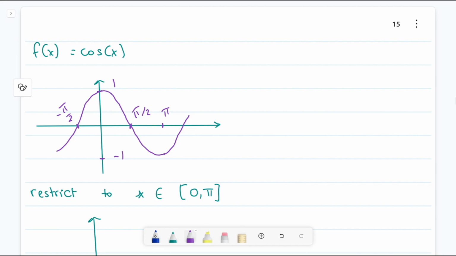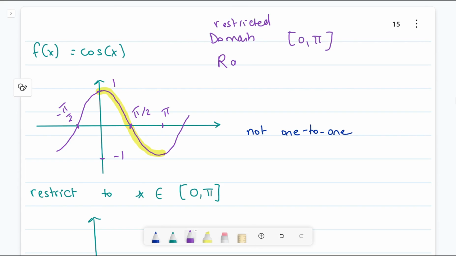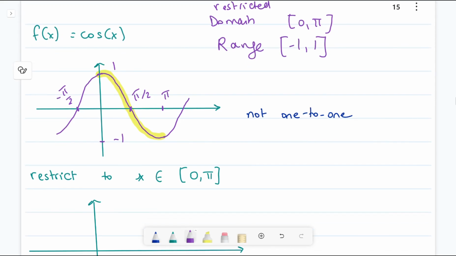So again, let's draw a horizontal line. This is not 1 to 1 because it passes through more than one point. Therefore, we will restrict the domain. We will restrict it to 0 till pi. And we can notice that the range is -1 till 1.